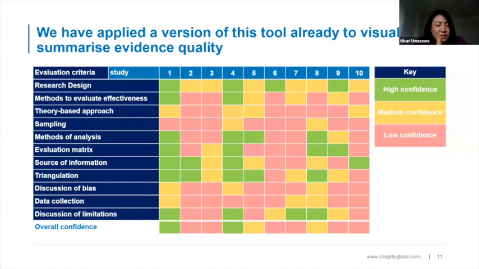The advantage of the tool is, if you look at the table vertically, you can tell which study is more credible than others. And if you look at it horizontally, you can identify common strengths and weaknesses of a series of studies. Next slide, please.